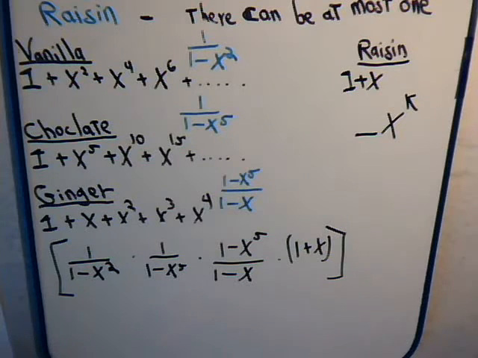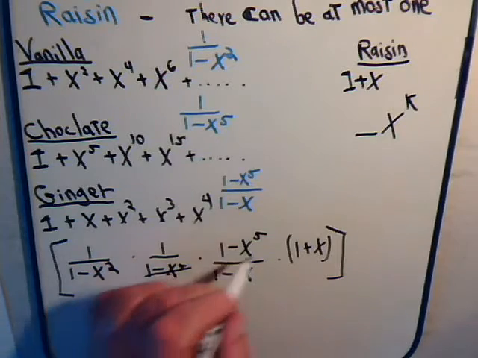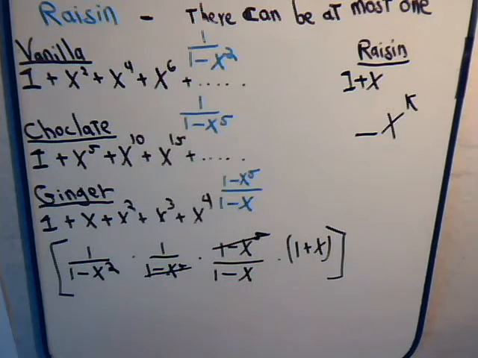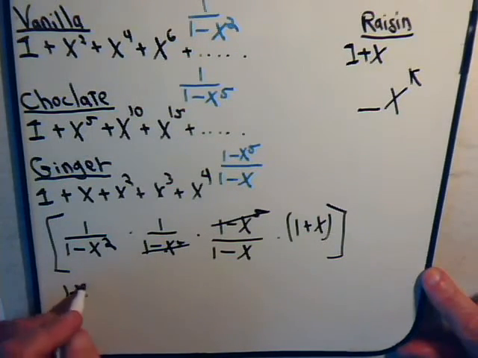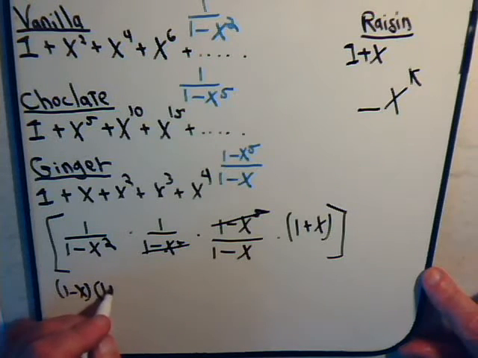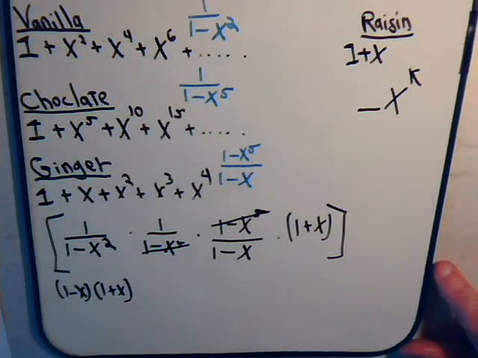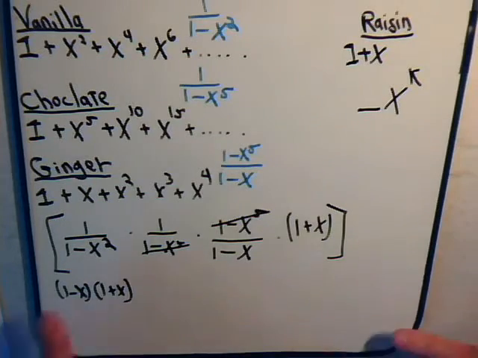Like this, and let's see what it gives us. These two terms will cancel, and then here we have 1 minus x squared, here we have 1 minus x, and here we have 1 plus x. Here we have a difference of squares, so this can be written as 1 minus x times 1 plus x. That's this term, so let's rewrite that.